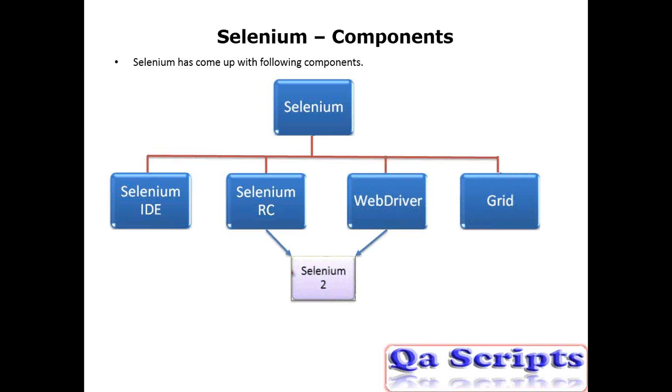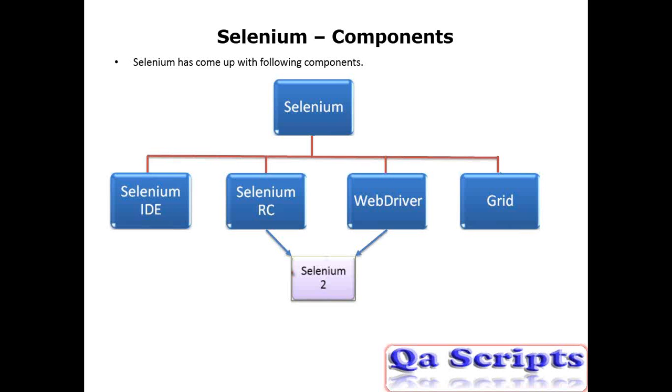There are some advantages as well as disadvantages with Selenium RC. At the same time, there are some advantages and disadvantages with respect to WebDriver APIs. But the interesting point here is the disadvantages of RC are the advantages in WebDriver API, and the disadvantages of WebDriver API are advantages in Selenium RC.